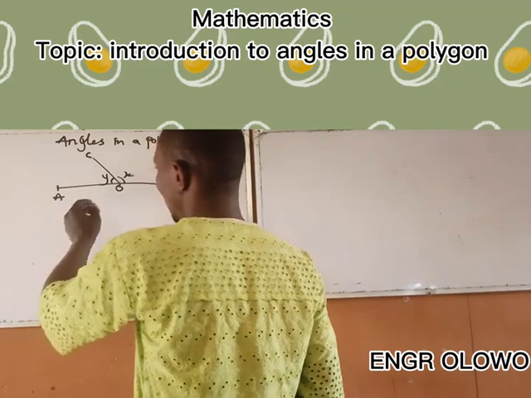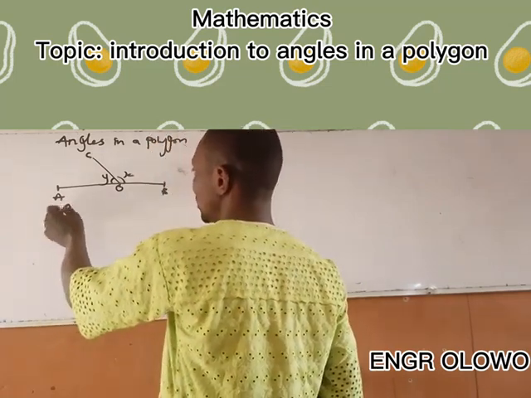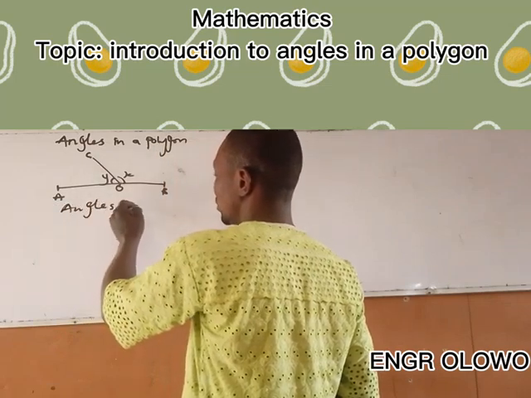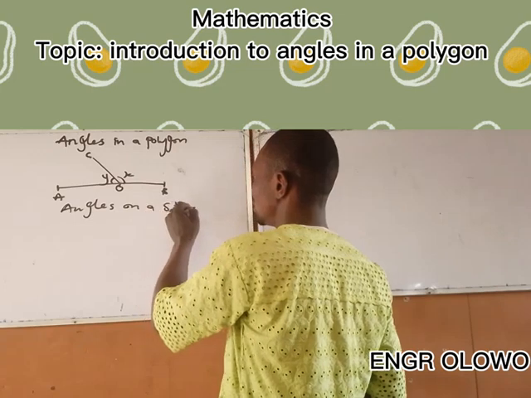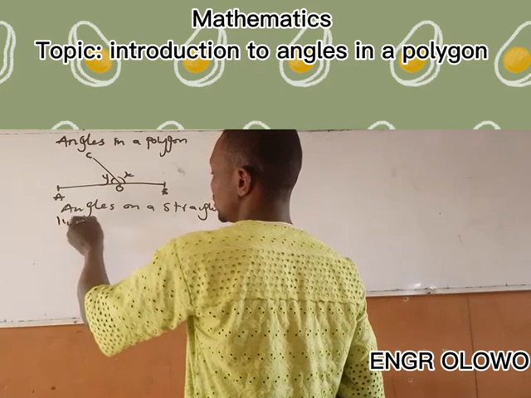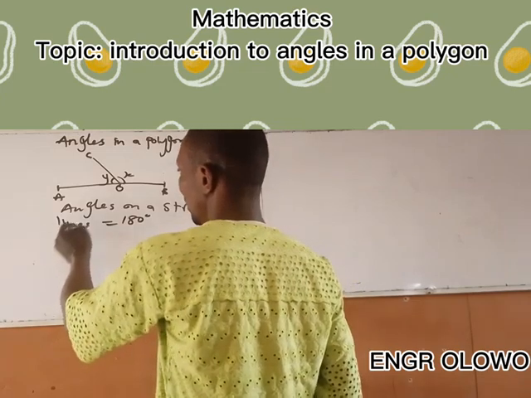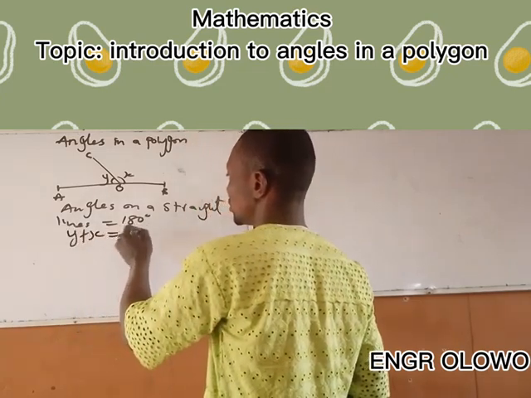So the angles here, let's assume you are looking at it from a different perspective, the given inner angles X and Y. The sum of those two angles, X and Y, will give you 180 degrees. So I can say that angles on a straight line equal 180 degrees.